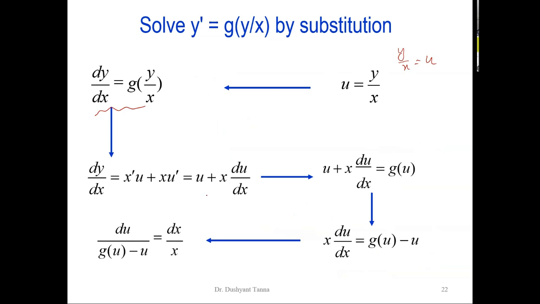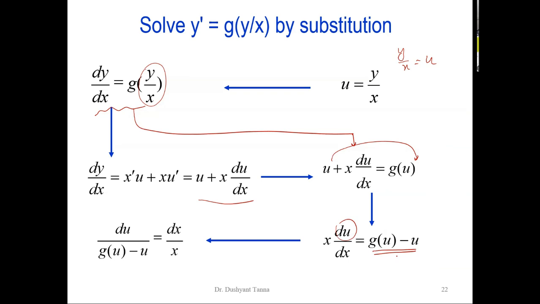This is the step that I have done: u plus x du by dx will be your g of u, because this is your dy by dx, and this y on x is your u. Then you take the u on the other side. So x du by dx is g of u minus u, and then it's variable separable: du over g of u minus u and dx over x. Like I said, it will not make sense yet.